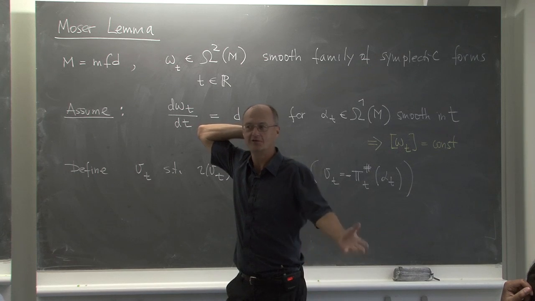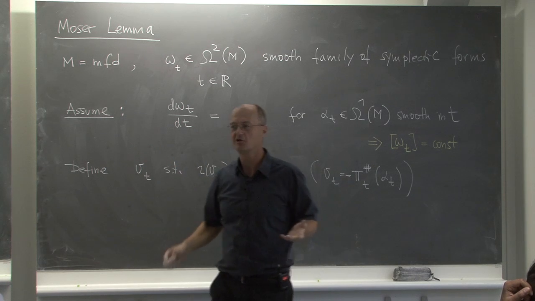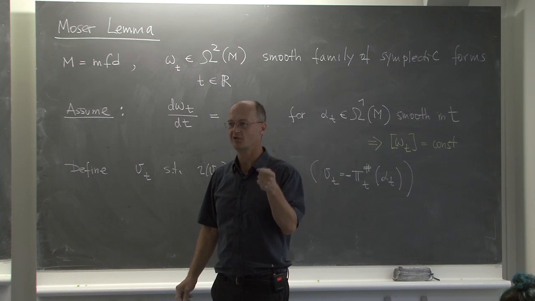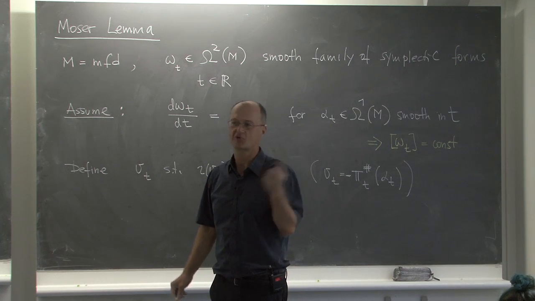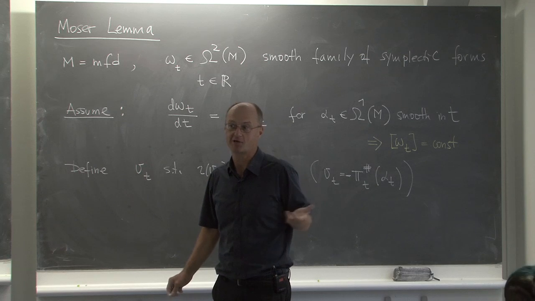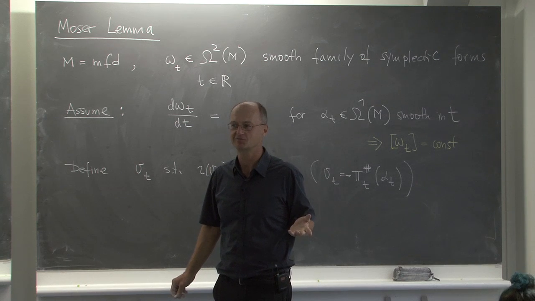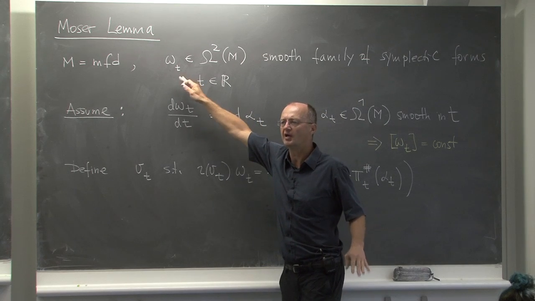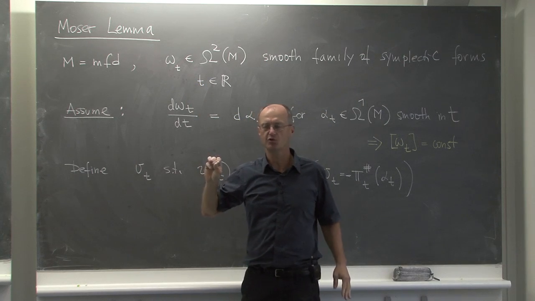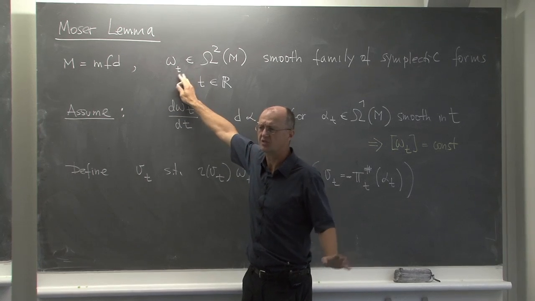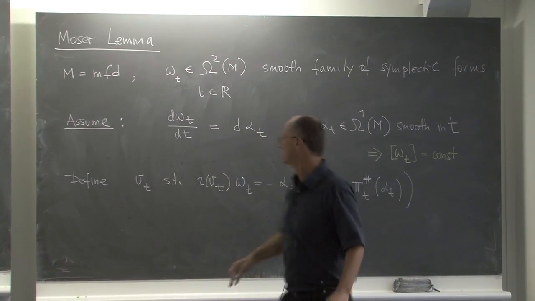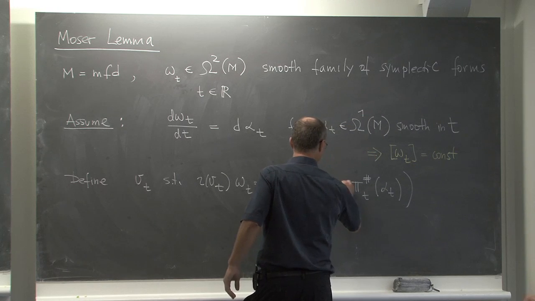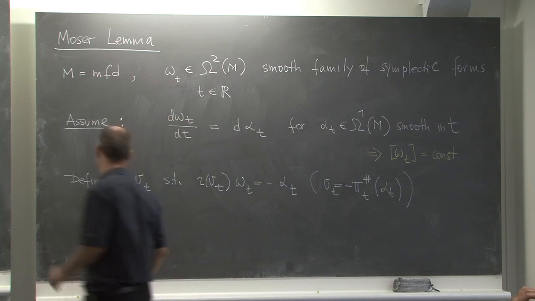I take, as we are taught in a calculus class, omega of t plus epsilon minus omega of t divided by epsilon and take a limit. In some points I'm cheating, but here I don't think I'm cheating too much. But it's good. You should be able to catch me on some occasions.